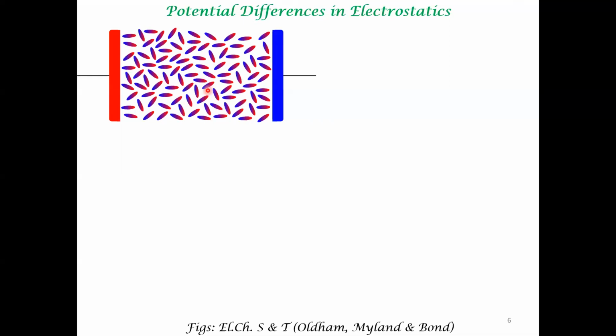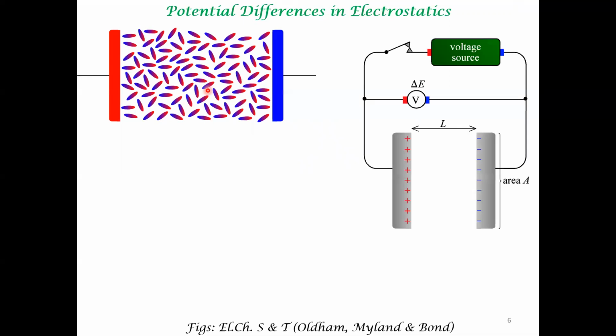Okay, so we would often be talking about potential difference in electrostatics. As I mentioned in the previous lecture, the electrode is an electronic conductor. The electronic conductor cannot support charges in the bulk of the system. Again, this is an idealization.